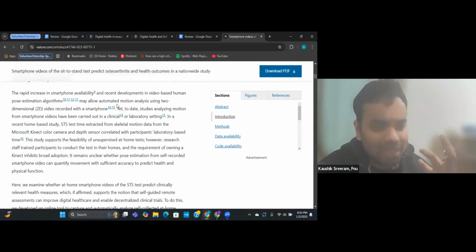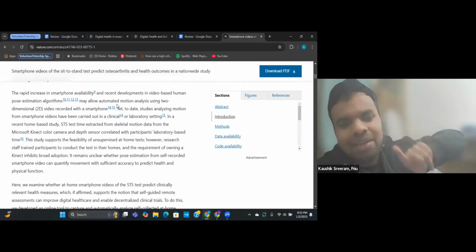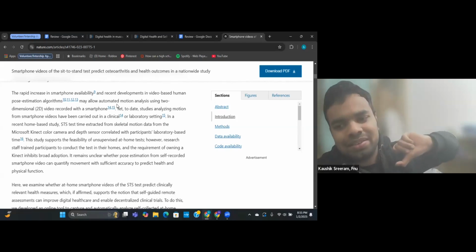But even though that was the case, it supported the feasibility of unsupervised home testing, right? Then they're talking about the other aspect. It is unclear whether pose estimation from self-recorded smartphone video can quantify movement with sufficient accuracy. That is a very good paragraph, right? This is how we should write.